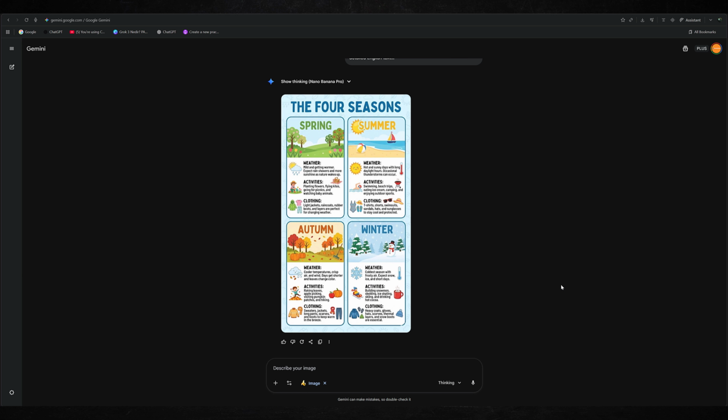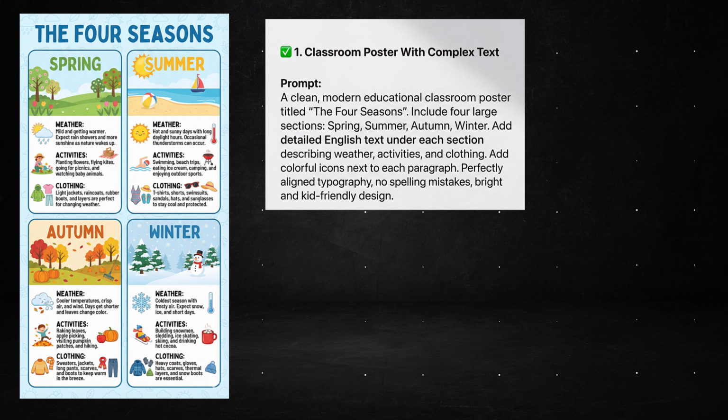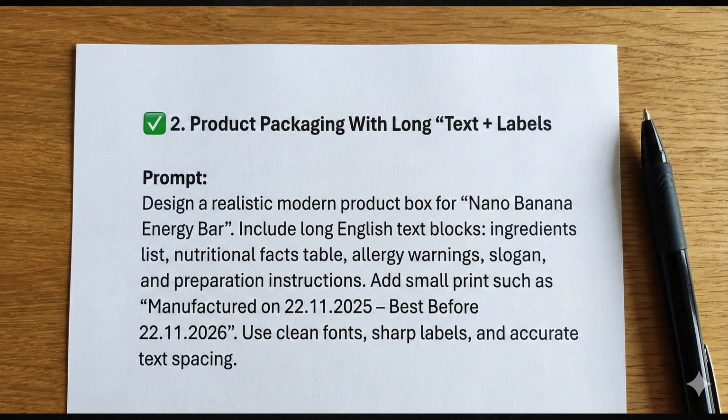And look at this, every paragraph is perfectly aligned, 0 spelling errors. The colorful icons match naturally, making it fun and kid-friendly. I can literally see printing this and hanging it in a classroom. Every single word looks professional. Second example prompt is called Product Packaging with Long Text plus Labels.